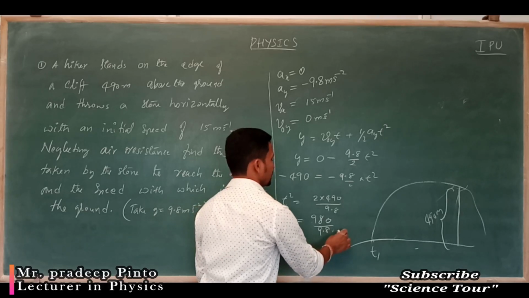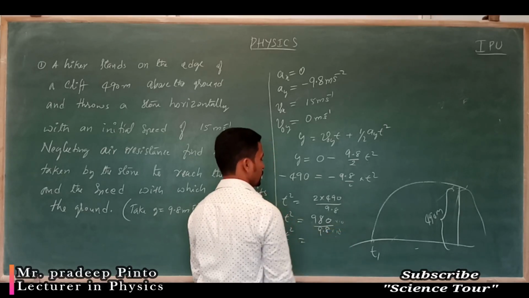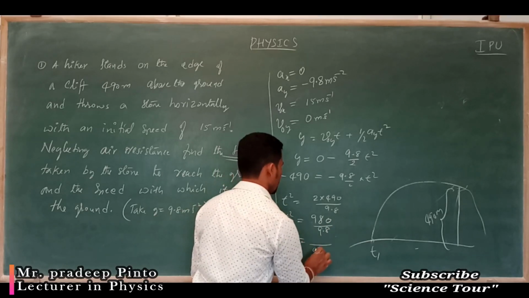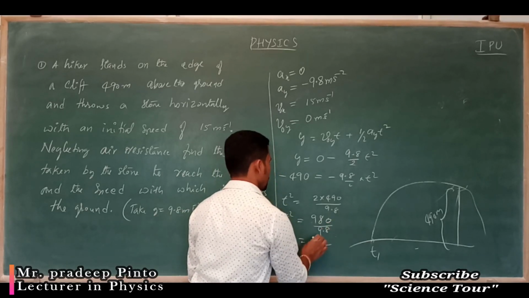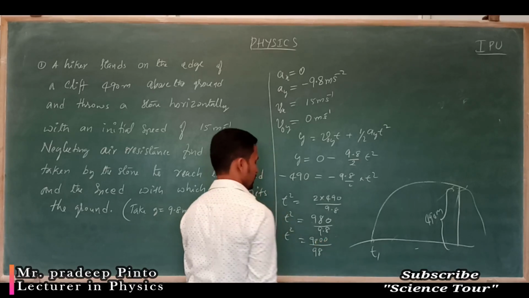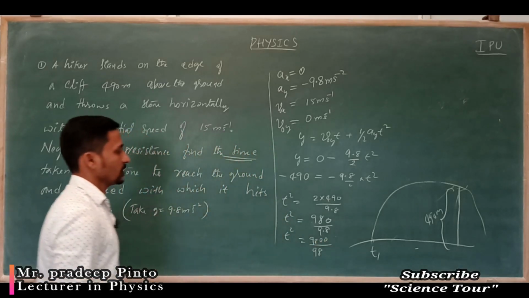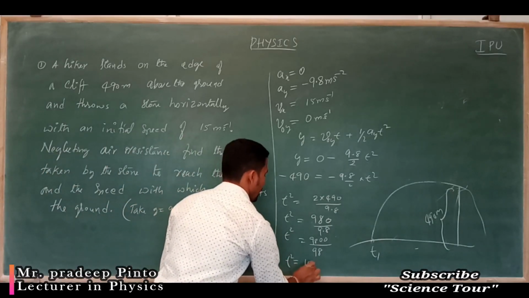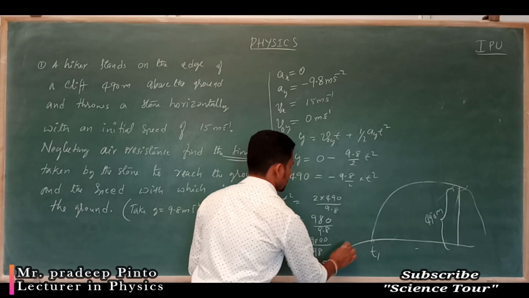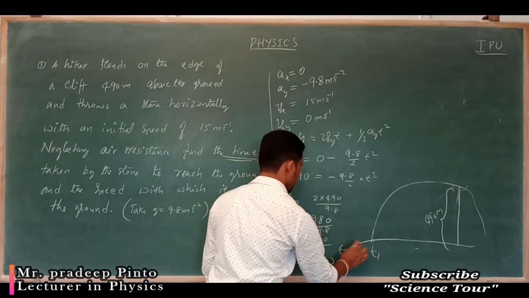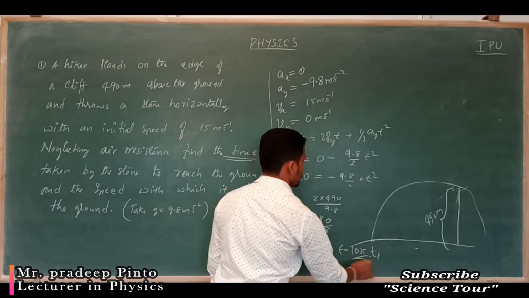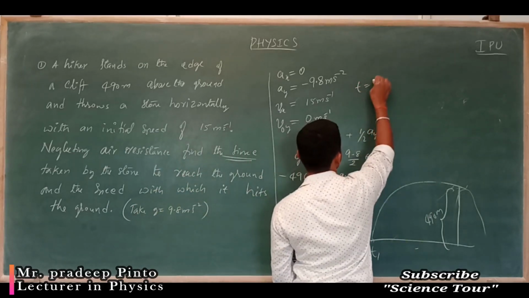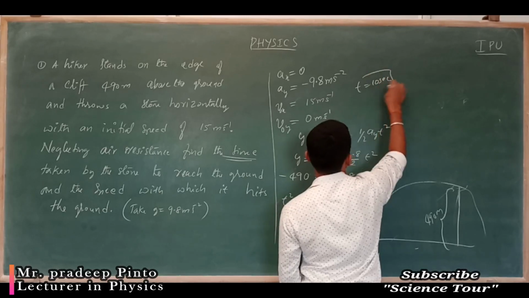Easily, you can multiply it by 10, and you will get 9800 by 98. 98 ones are 100, so t square you are going to get as 100, and that implies t you are going to get as 10 seconds. So in 10 seconds it is going to move. t is equal to 10 seconds.